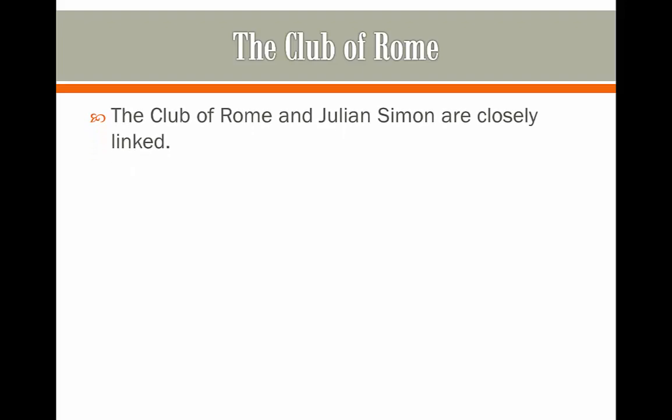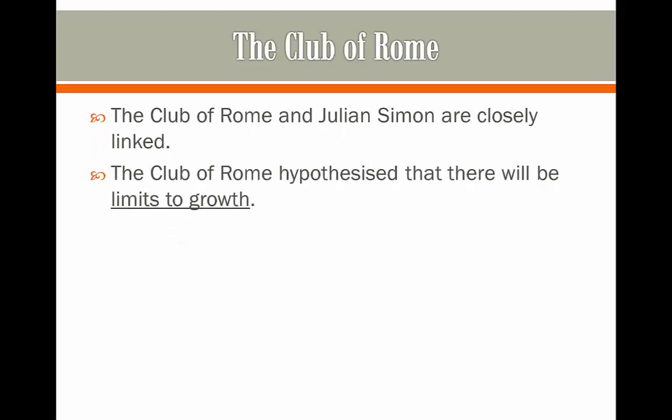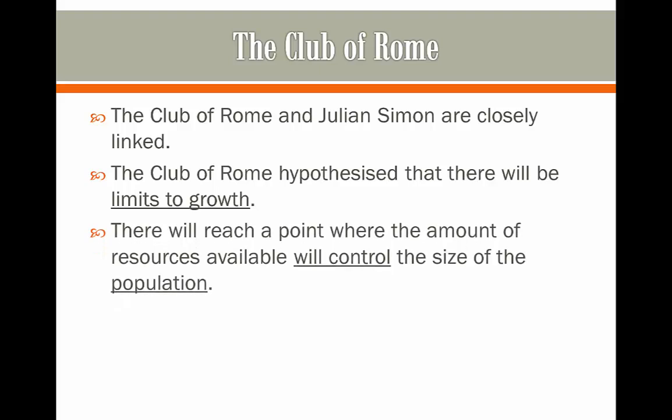Now we're going to have a look at the Club of Rome. The Club of Rome and Julian Simon are closely linked. The Club of Rome hypothesized that there will be limits to human growth on Earth. They will reach a point where the amount of resources available will actually control the size of the population.